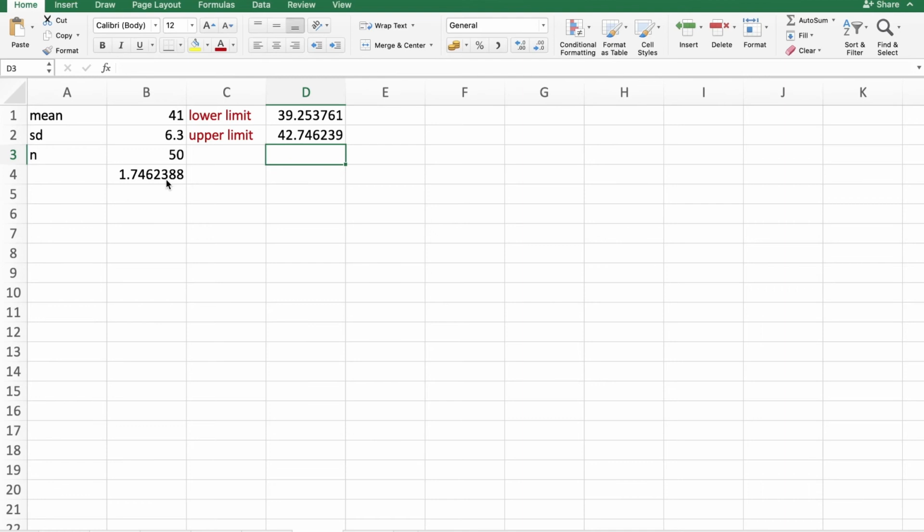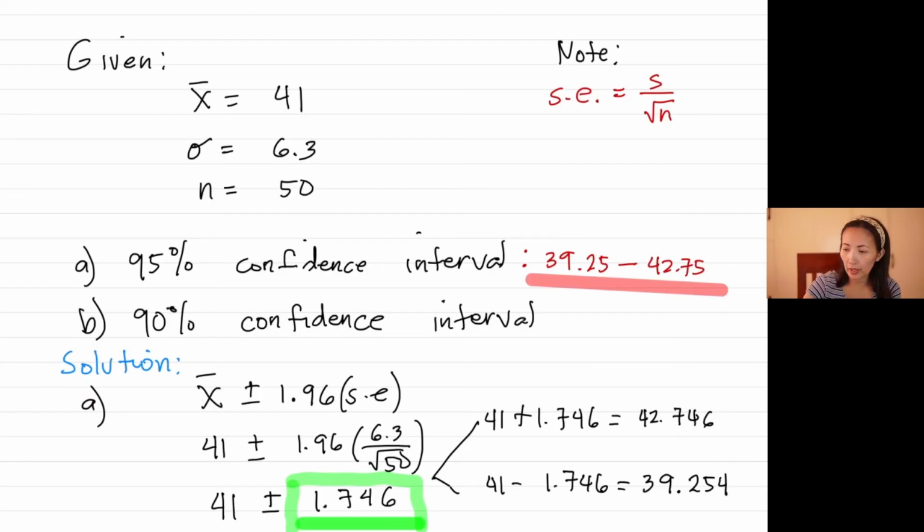Compare it to our answer a while ago. 39.254, round it up, and 42 points. So let's compare. Okay, so see this? 39.254 and 42.746.